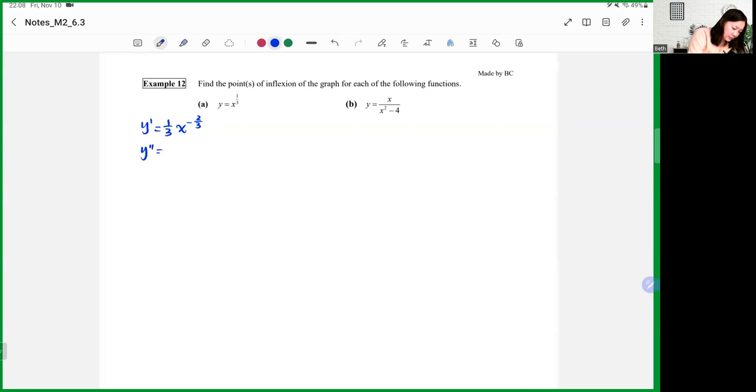Second derivative. Okay, so that's the second derivative. Now I need to solve second derivative equals 0 or second derivative is undefined.